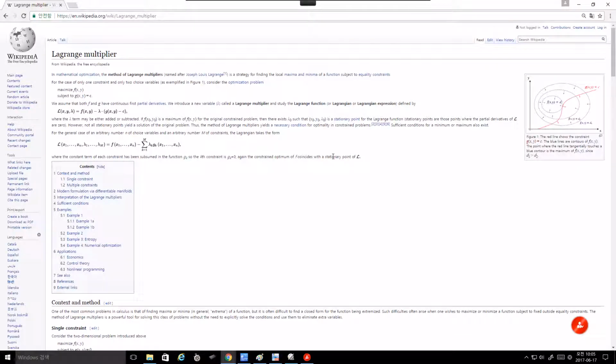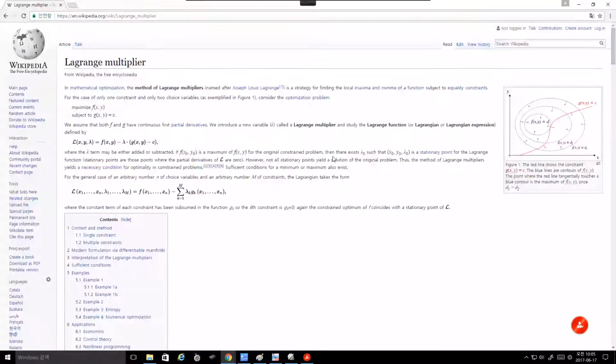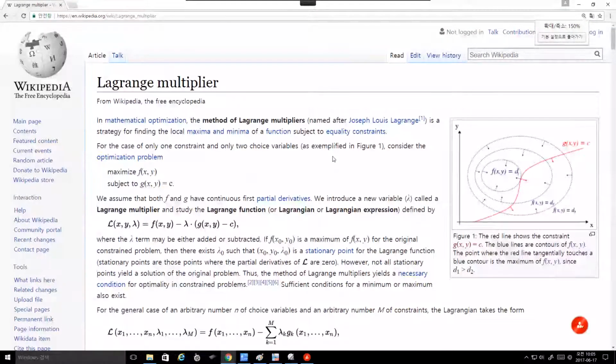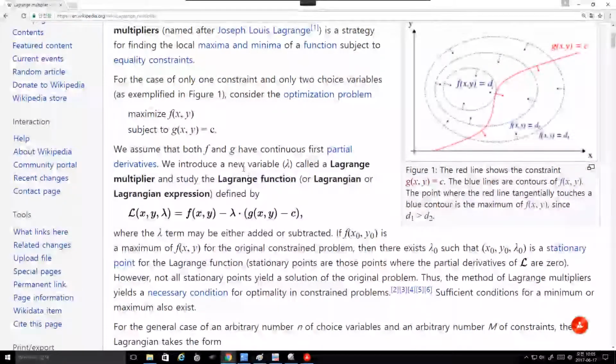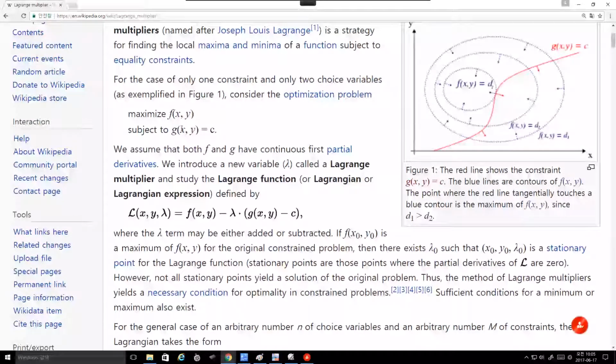We assume that both f and g have continuous partial derivatives, to maximize f subject to g equals c.